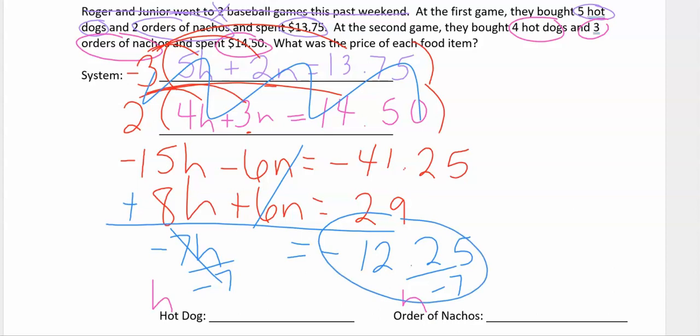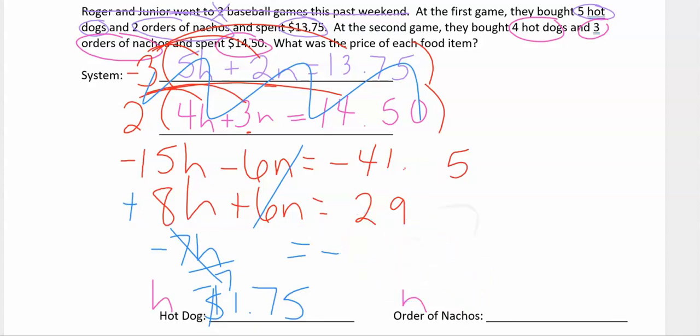You can't say negative 1.5. They're not going to pay you to eat a hot dog at this game. It should be a positive number. And I know mine's going to be because it's negative divided by a negative. So when I put that in my calculator, h equals 1.75. That makes sense. That's how much the hot dog costs, $1.75.